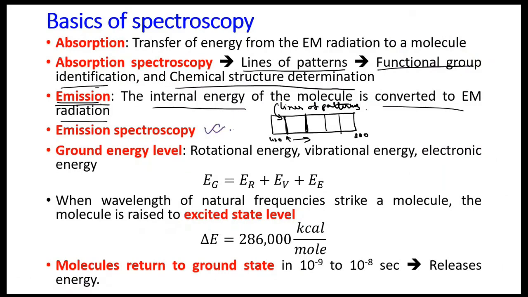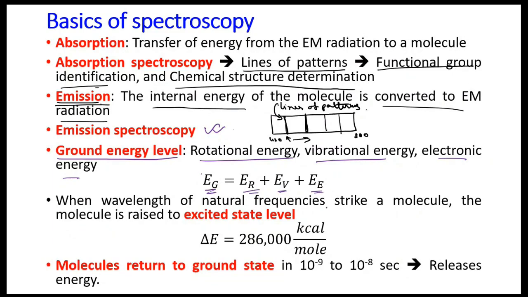Now coming to the internal energy level. Initially we have the ground energy level. Over there we have rotational energy, vibrational energy, and electronic energy. So that ground energy level is given by Eg, which is equal to the summation of the rotational energy, the vibrational energy, and the electronic energy.